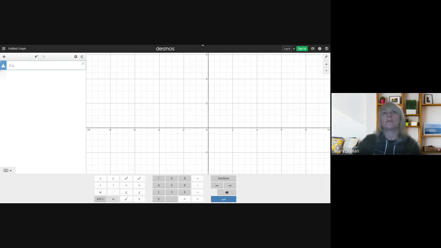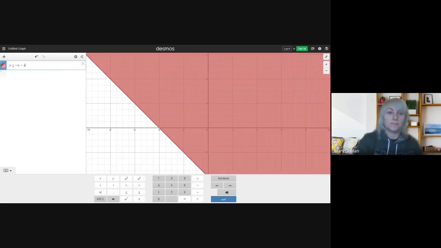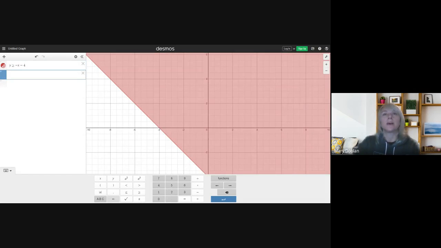Then the rest of the inequality is negative x minus 4. As soon as I type that in, it graphs the line. It's solid because of the symbol, and it's shaded above because of the symbol. So the line choice and the shading side are all because of the inequality symbol.